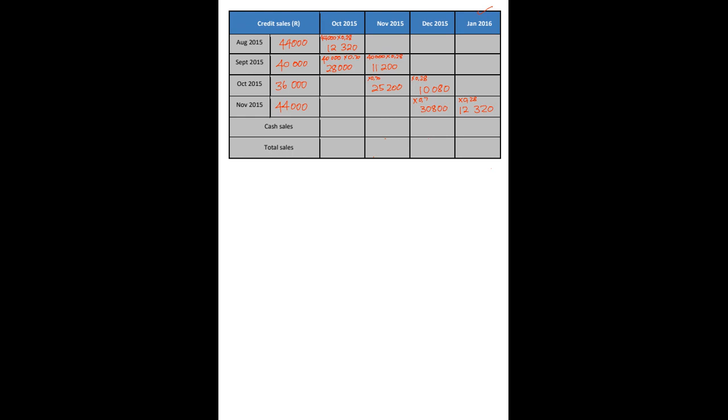So all you would do then is there wouldn't be this at the bottom here. All you would do is sum up the figures that you have in these blocks. So for the month October, it would be 12,300 plus 28,000, and you'd put in the total here. Then for the month of November, you'd add up those two and you'll put in the total here. For December, those two, it'll be here, and then just that last one for Jan.